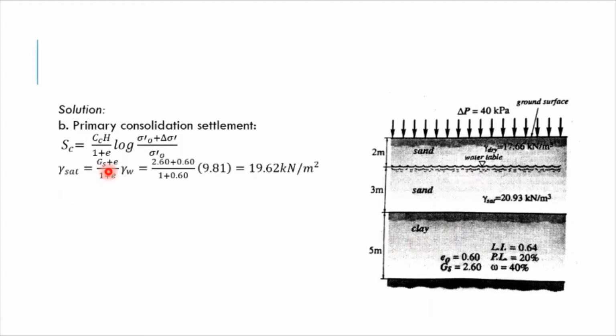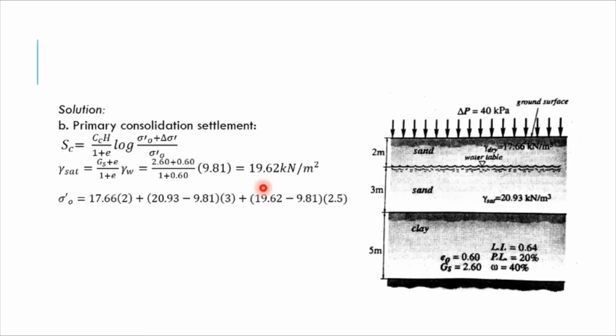So it's equal to specific gravity plus e over 1 plus e multiplied by the unit weight of water. Therefore, it's equal to 2.6 plus 0.6 over 1.6 multiplied by 9.81. The saturated unit weight of the soil is 19.62 kilonewton per cubic meter.